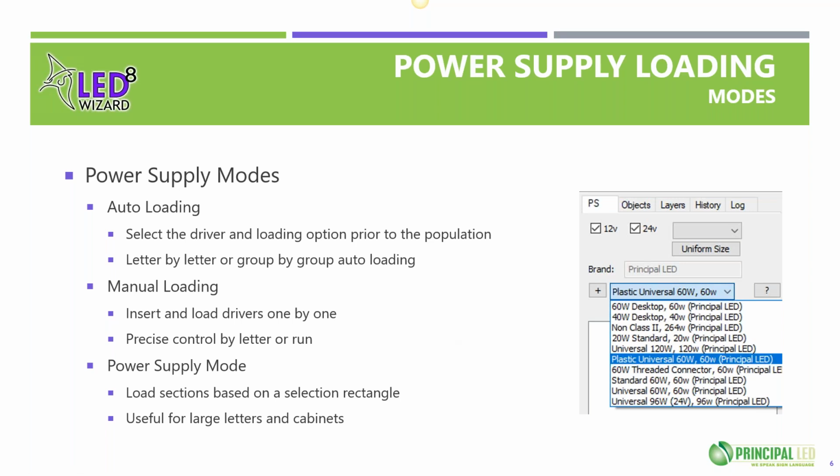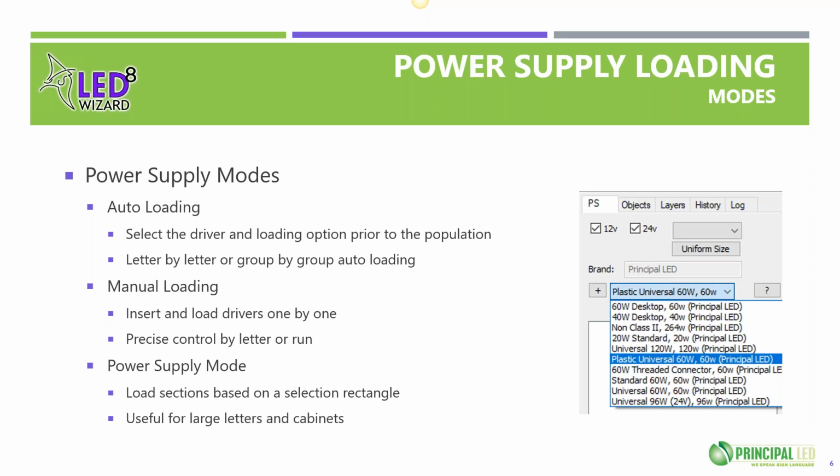Okay, so if there are any questions at this point, I'll get into power supply modes, and there are 3 essential modes for loading power supplies. The first one is auto or automatic, and really in most cases, I think this is where you should start. It's fast, it's easy to do.